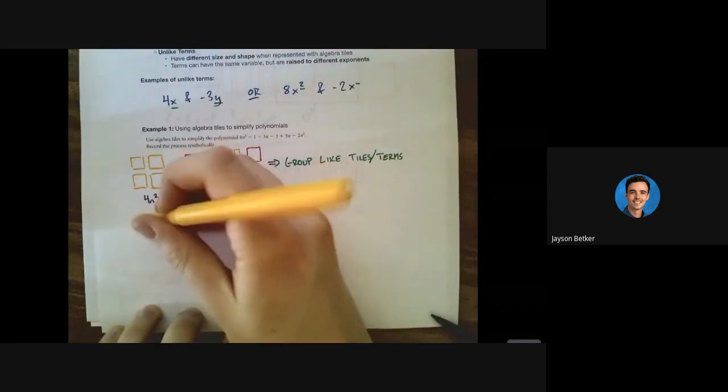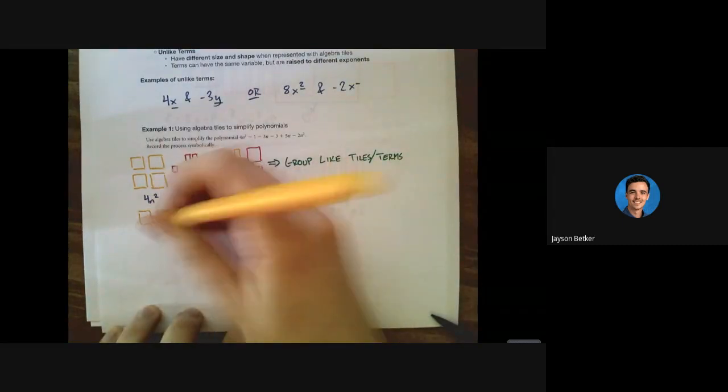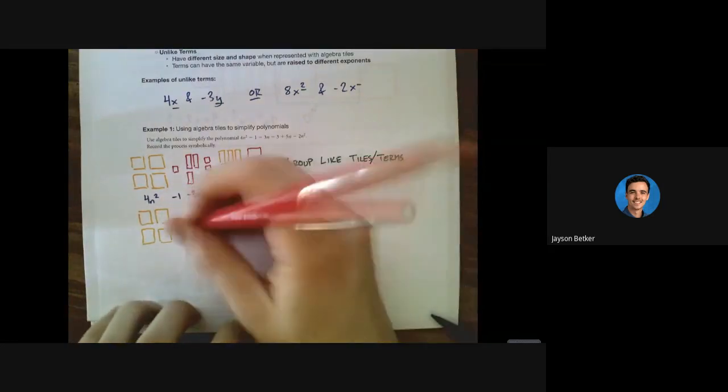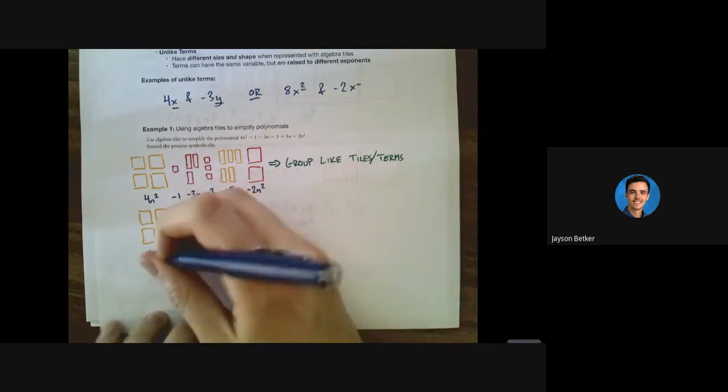And that'll just follow. So we start out the same way, but I'm going to group all of my big ones together. So 1, 2, 3, 4. But I'm going to bring over my similar tiles right here, 1 and 2. Okay, I'm going to write out what I have here again, 4n squared minus 2n squared.